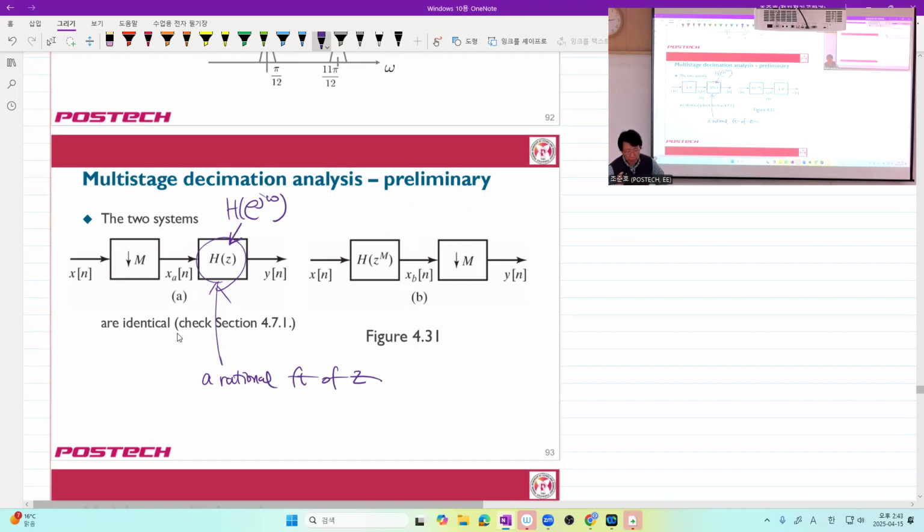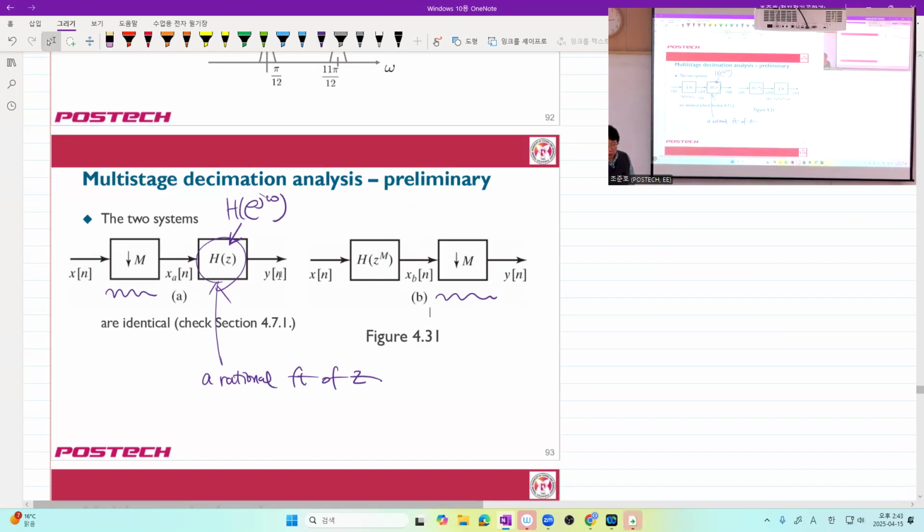And with a downsampler, we may have some notation like this. And you may wonder, what's going on? But if you replace z with e to the j omega, then you remember, hey, I remember that.